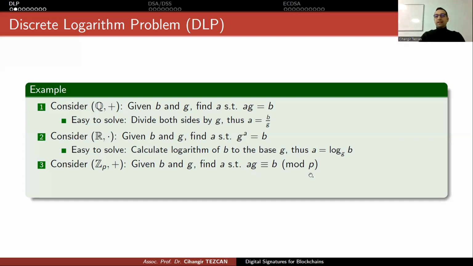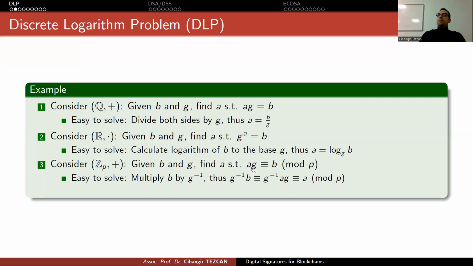Now as you can see, I cannot do a logarithm or anything, but what I can do is as follows. Instead of the division like here, I can calculate the inverse of g. You might think, is it easy to find an inverse of an element? Actually, we have the extended Euclidean algorithm, which works really fast, regardless of the size of p. So you can easily calculate an inverse of an element.